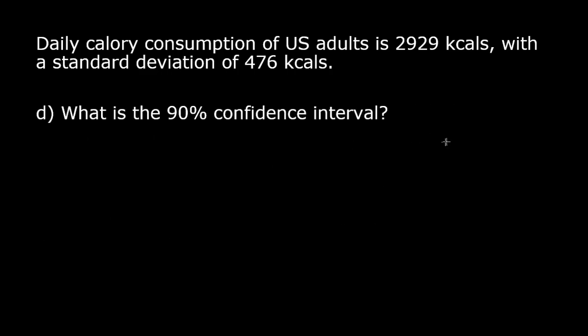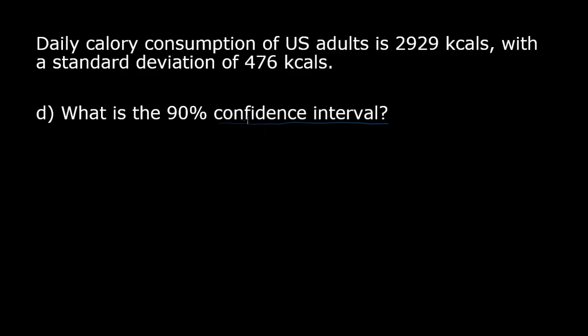Okay, next question. Now, the confidence interval is something that I haven't explained, so this is today's new material. But before actually explaining what the confidence interval is and giving you the formulas, it's better to solve this together.